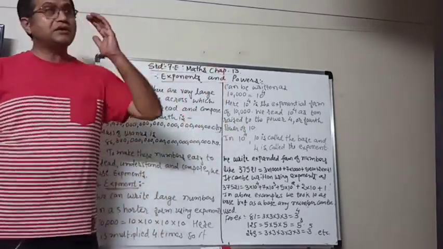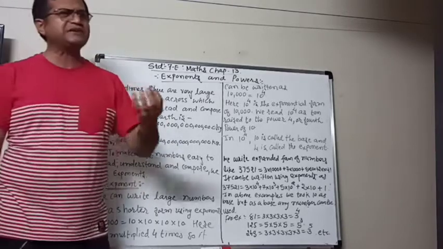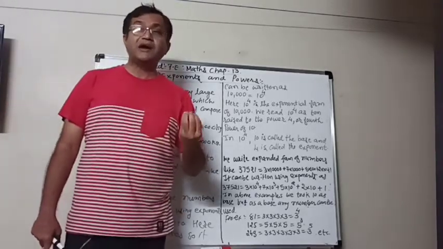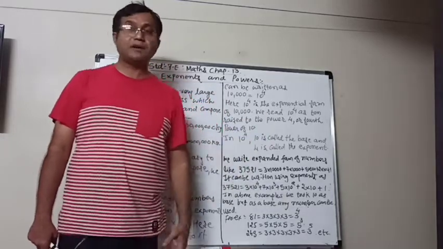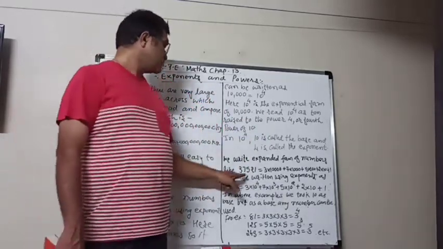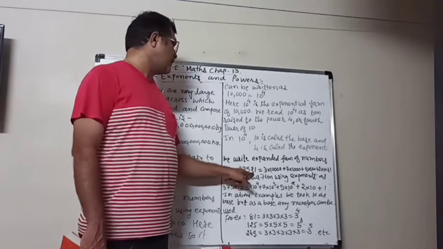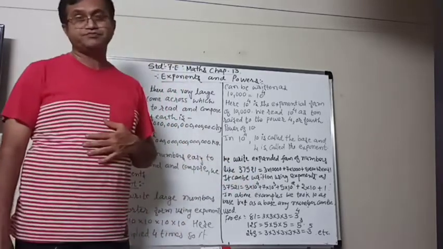In the lower standard, like in standard 6, you learned how to write the expanded form of a number. For example, 37,521.